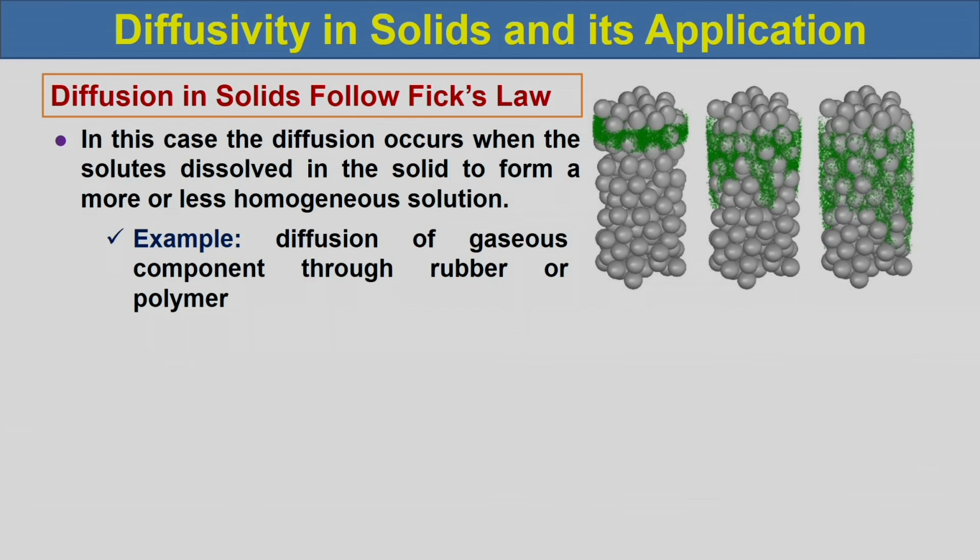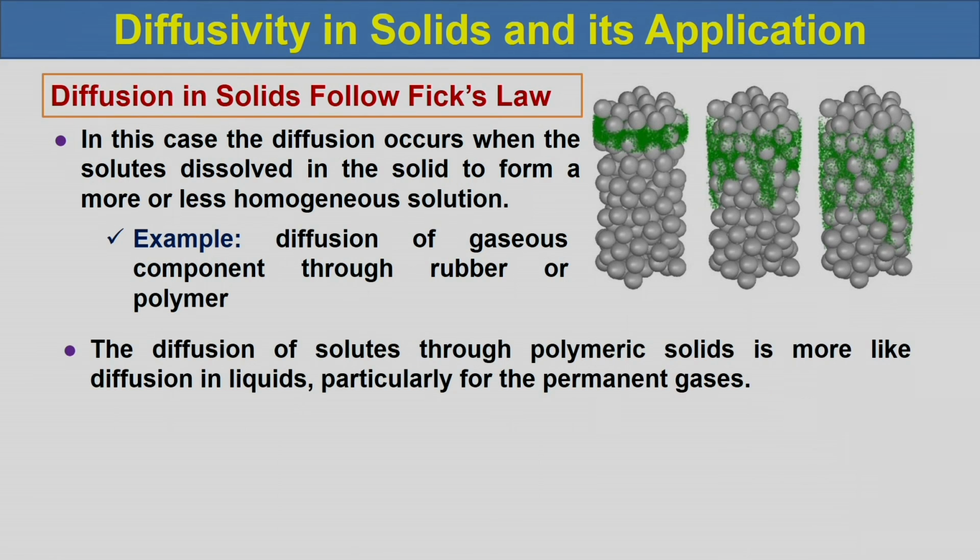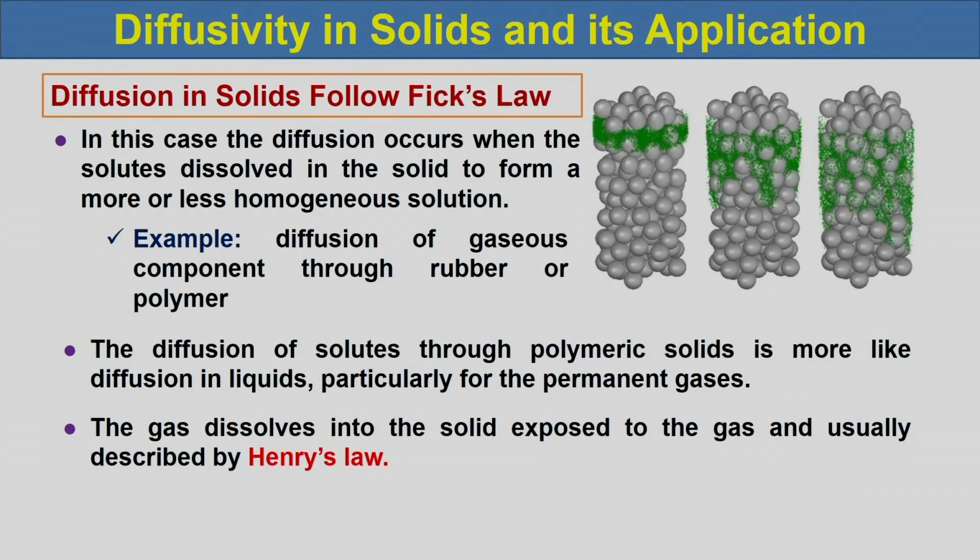So, it diffuses into the polymer and makes an almost homogeneous solution. The diffusion of solutes through polymeric solids is more like diffusion in liquids, particularly for permanent gases. Gas dissolves into the solid exposed to the gas and is usually described by Henry's law.